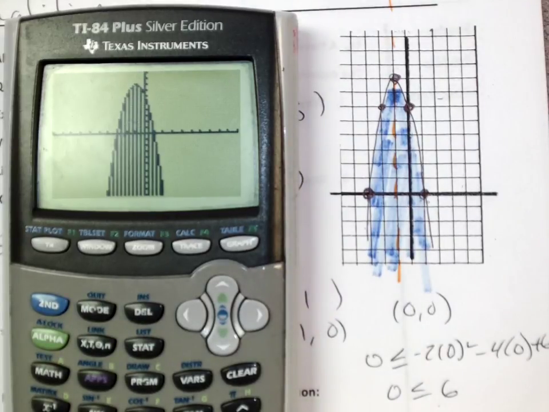Negative 2. Oh, I know how to make it. Nothing was happening when I pressed y equals. My calculator wasn't working.